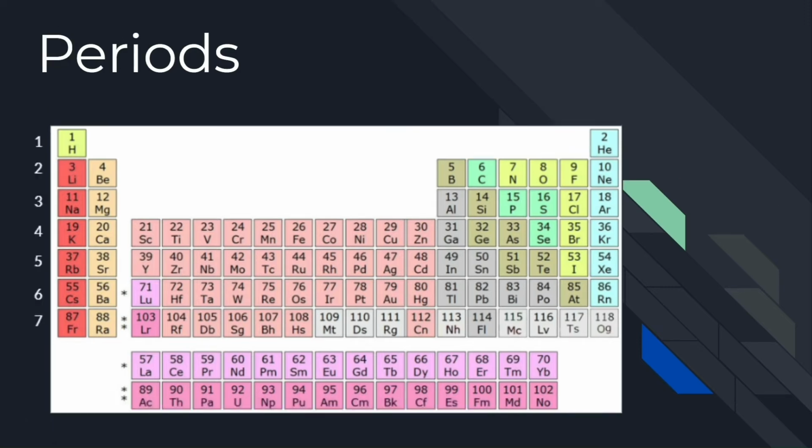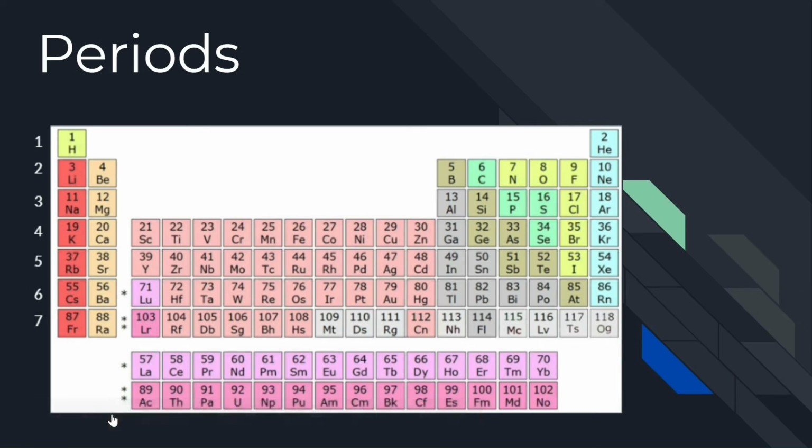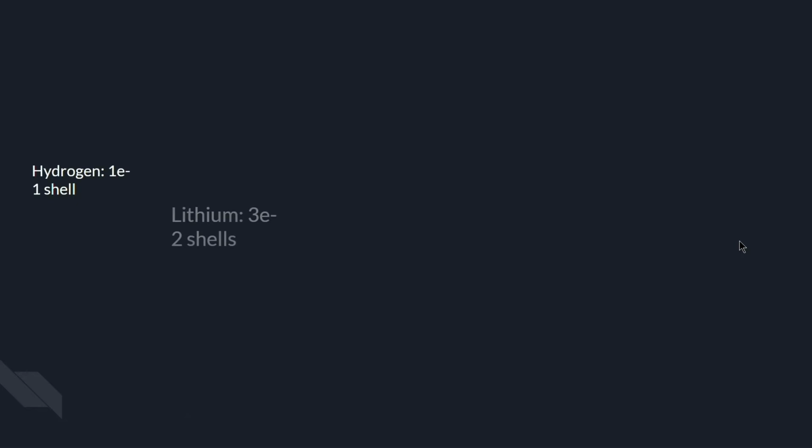So next up we have the periods. The periods are actually related to the groups, except they're just horizontal. So these numbers here represent the horizontal rows in the periodic table. So you can see period 1, 2, 3, 4, 5, and 6. Another task that I want you guys to try is to sketch the previous atom diagram for these ones.